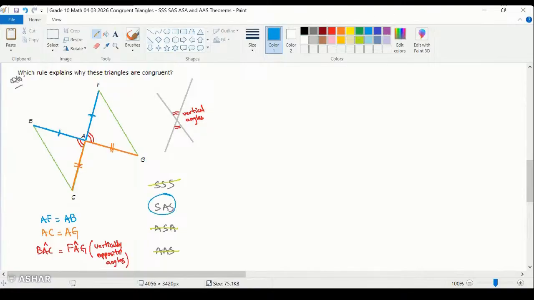So we can use the side angle side theorem to prove that these two triangles are congruent to each other. Agreed? That means this could be the theorem. Okay, let's have a look at another example.